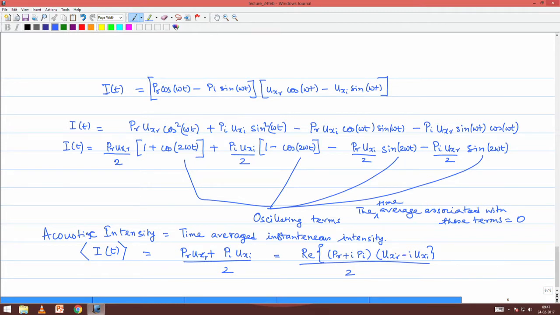This will come with a minus sign. So, if you take the real part of the complex pressure amplitude and the complex conjugate of the velocity amplitude, then you will get exactly this same answer.